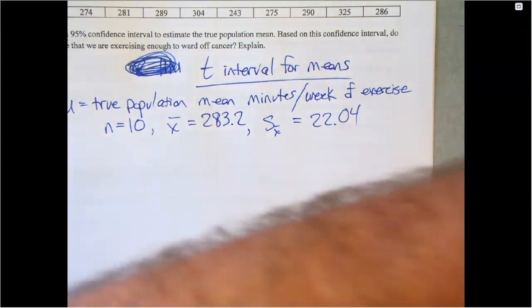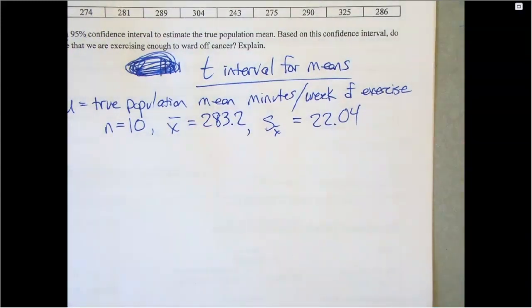Take a second and look. I'm not saying you're wrong. And what's your mean? I got 283.9. No, I got 20 point something for the S. Are you sure you didn't look at the sigma?